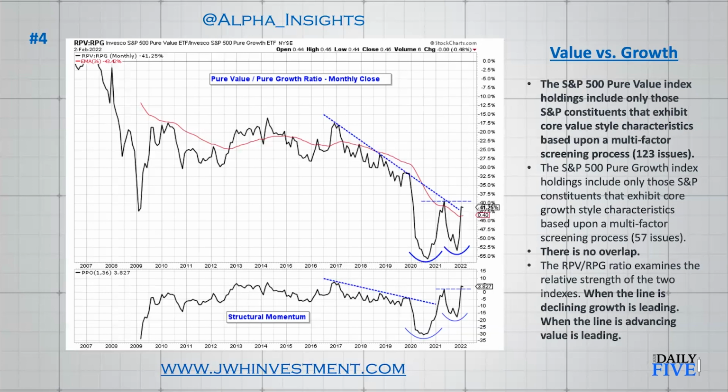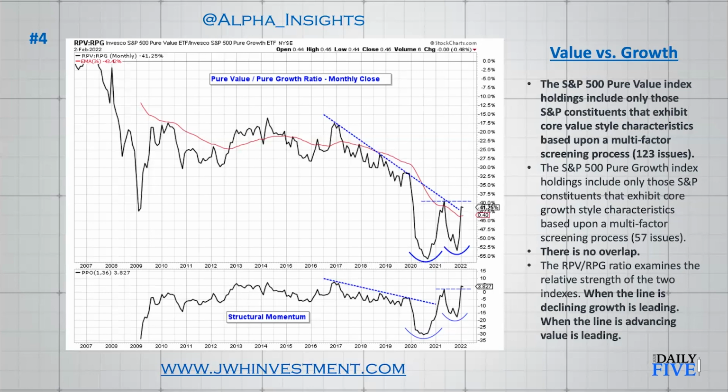Well, what we've seen here over the past 2 months or so is a substantial recovery in value relative to growth. And so there's an underlying shift within the index itself from growth to value. And value tends to be represented by financials, by energy, by industrials, by basic materials, things of that nature.